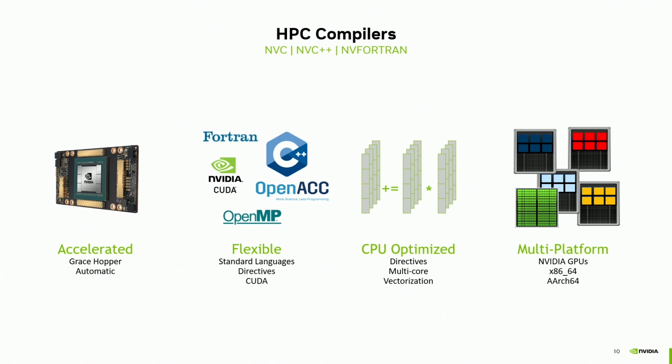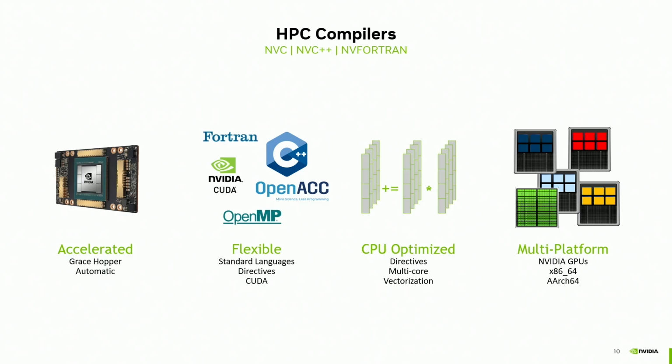Now, the HPC compilers are fully featured compilers for the NVIDIA platform. We have NVC, NVC++, and of course, NVFortran. These compilers are great for accelerating all of your HPC applications on our latest GPUs and provide unmatched flexibility in choices for how to do that, from CUDA to OpenACC to STDPAR.